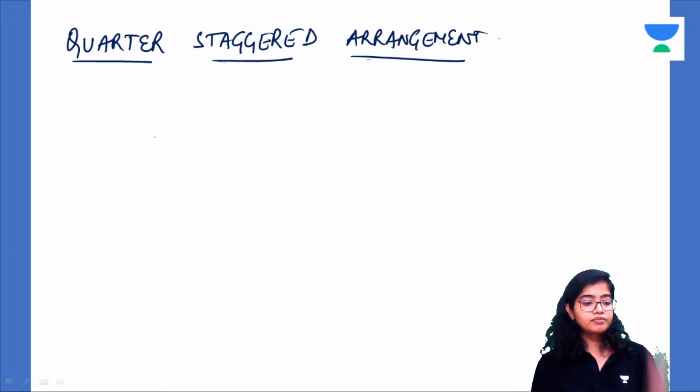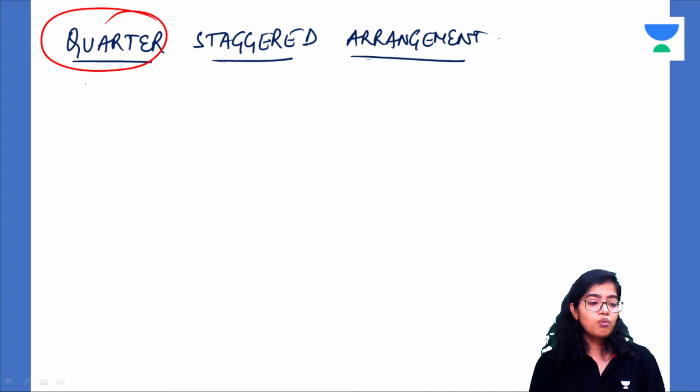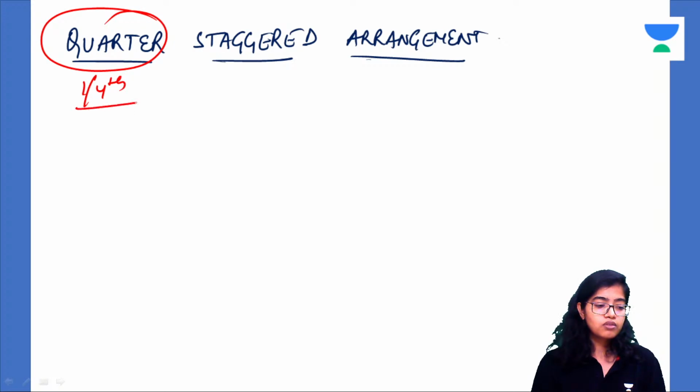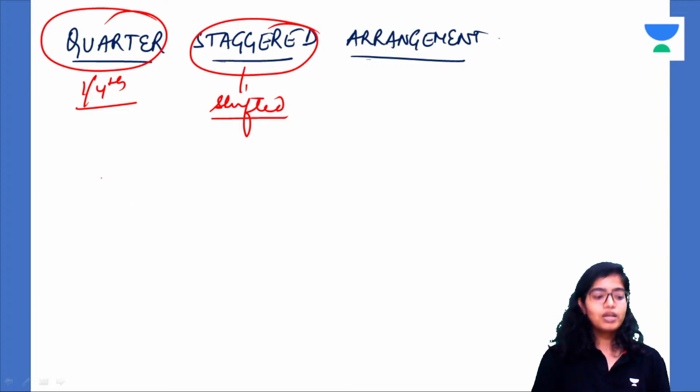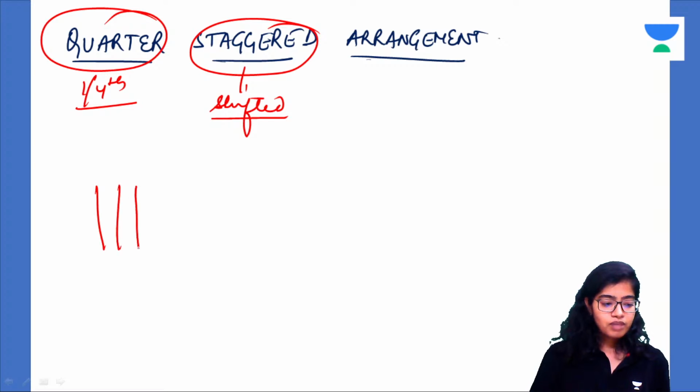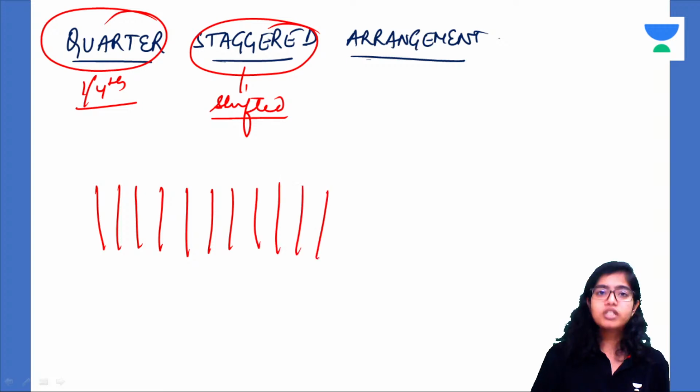Tell me. Quarter means 1/4. Staggered means shifted. Arrangement is arrangement. So the rod-like structures in the collagen fibrils are not placed longitudinally one after the other, because then there would be no staggering.